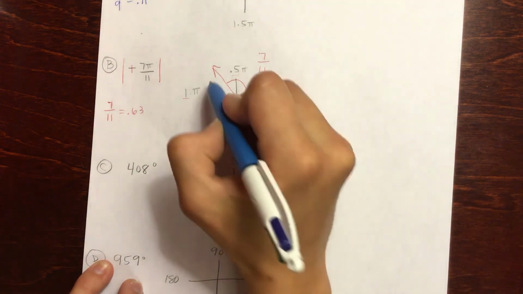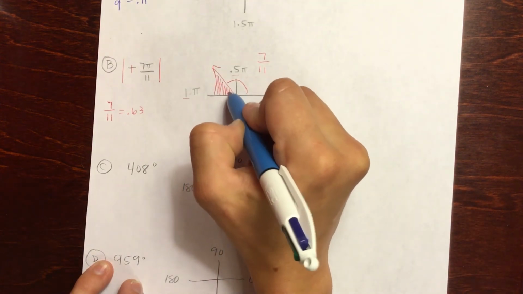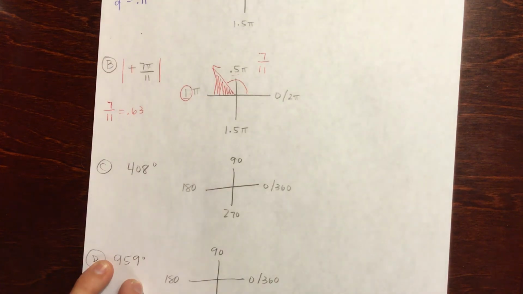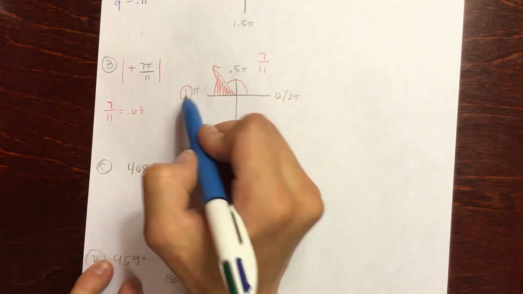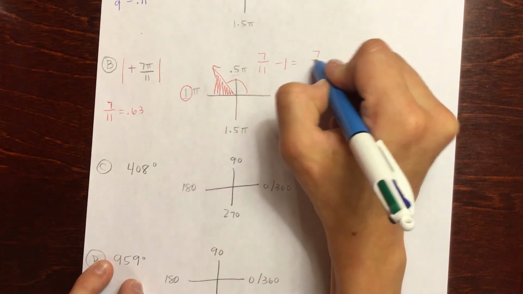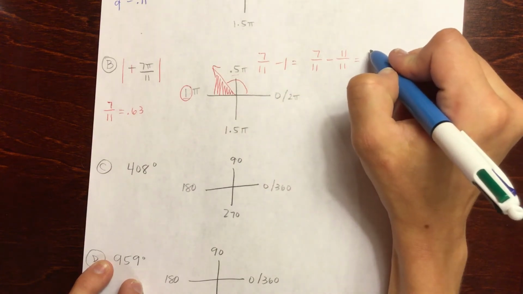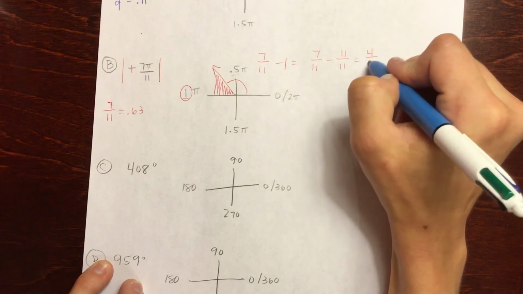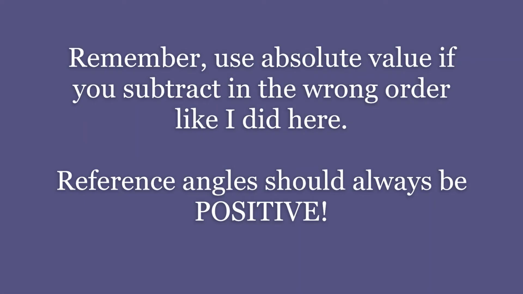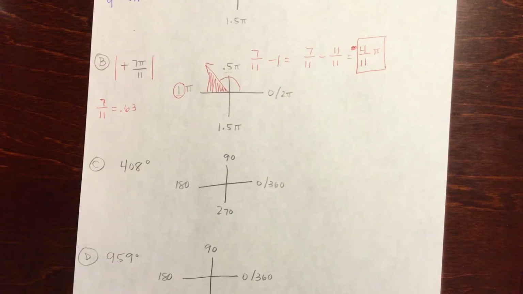The reference angle is between my arrow and my x-axis. So how much is between 7/11 and 1? And I got 4/11. And don't forget to include your pi symbol.